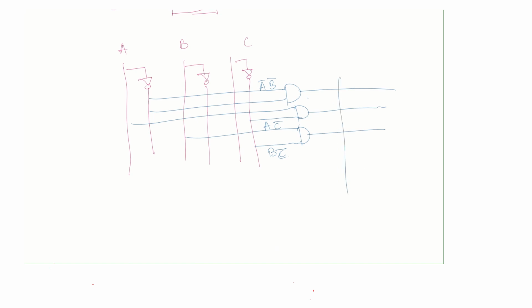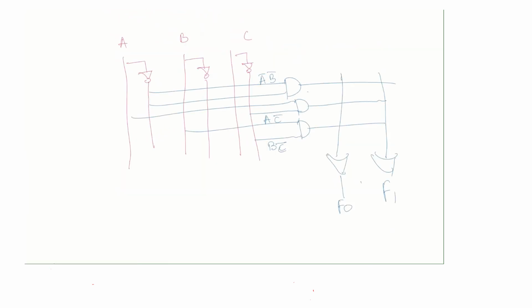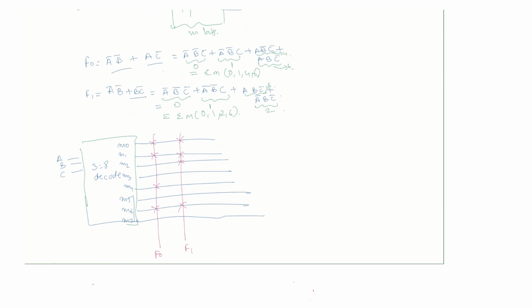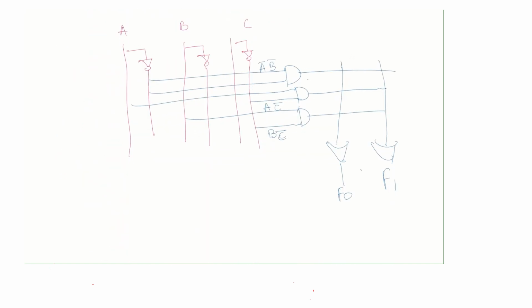So this would be F0, this would be F1. For F0, A bar B bar plus AC bar, I would OR this term and this term, and for F1 the corresponding terms.